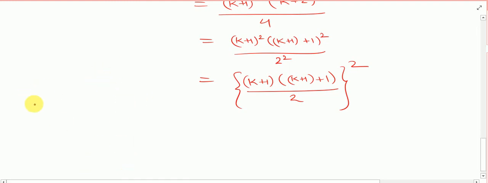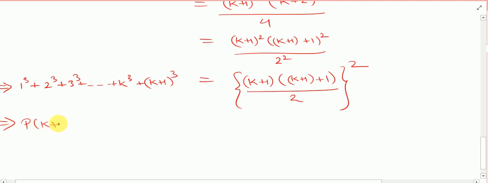So here I can write now, this implies 1 cube plus 2 cube plus 3 cube plus dash dash dash plus k cube plus (k plus 1) cube is equal to this, and this implies that this is the P(k plus 1) statement.